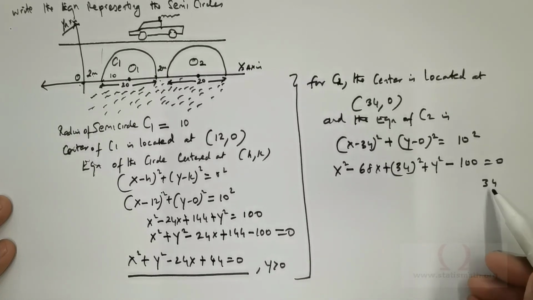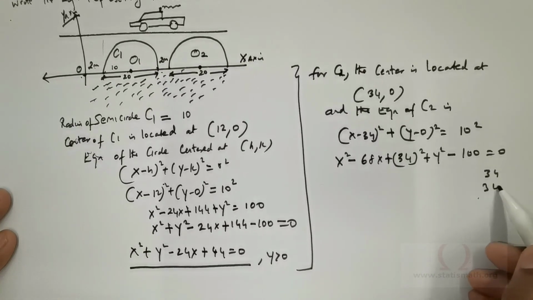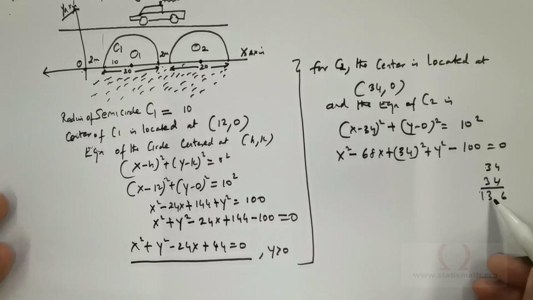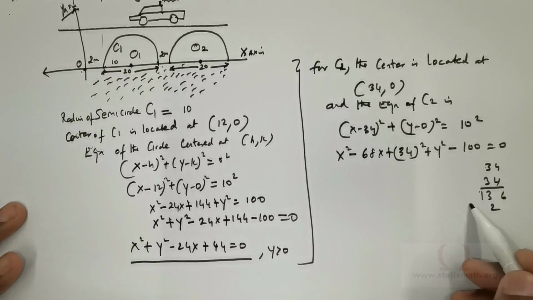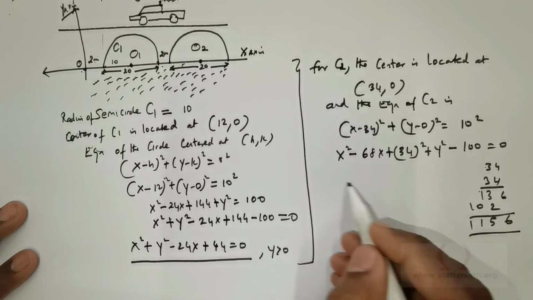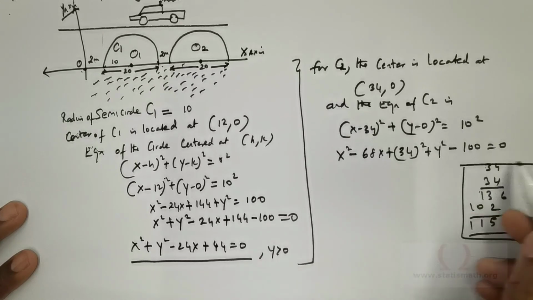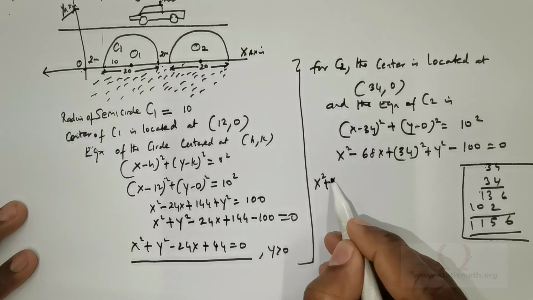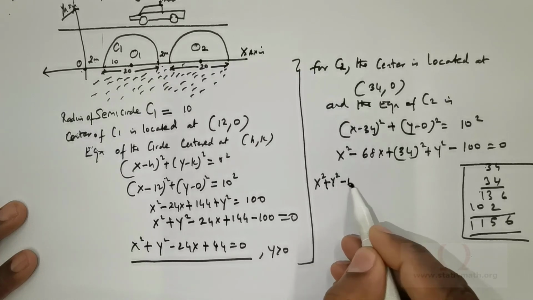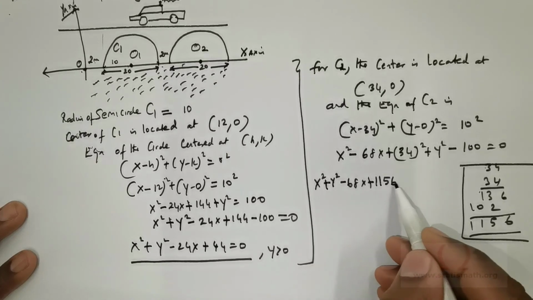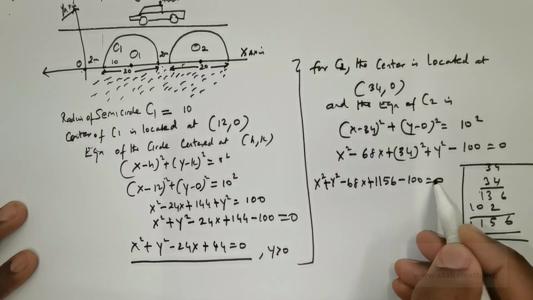Now we need to know what 34 squared is, so let's find that out. 4 4s are 16, 4 3s are 12, 13, 4 3s are 12, 3 3s are 9, 10. So it's going to be 1156. Rewriting, this is x squared plus y squared minus 68x plus 1156 minus 100 is equal to 0.